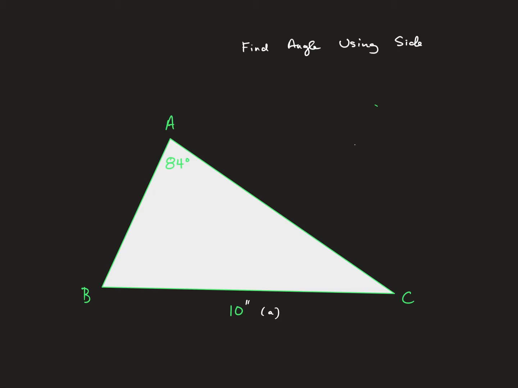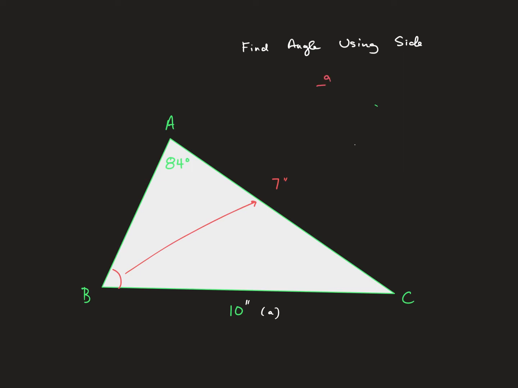So what I need to see is, what do I have? You need to have at least 3 of the 4 pieces. So let's say in this case we want to solve for angle B. Well, then I would need a side for side B, or the side opposite angle B. In this case, let's call it 7 inches.